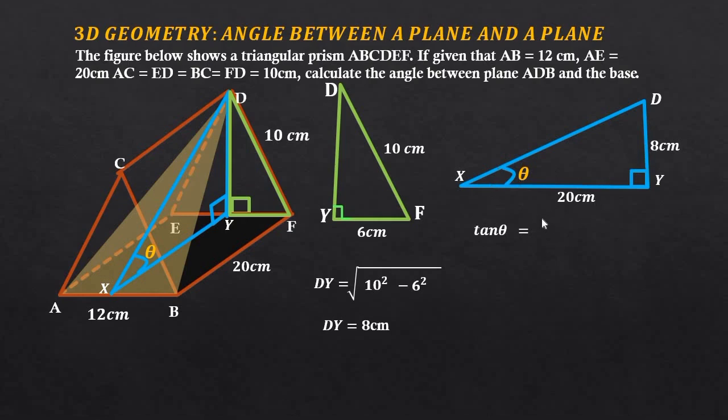Opposite is 8 centimeters over adjacent 20 centimeters. This simplifies to 2 over 5. Now, to get theta, we find the tangent inverse of 2 over 5, and that is 21.8. So 21.8 degrees is the angle between the two planes, that is plane ADB and the base, as desired.